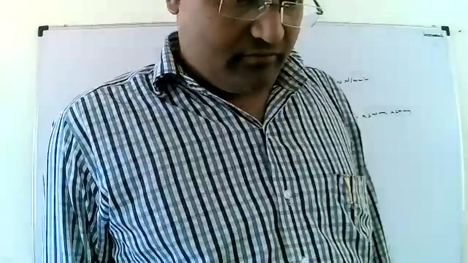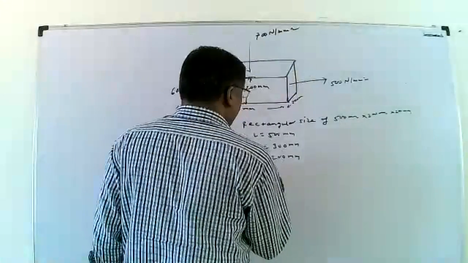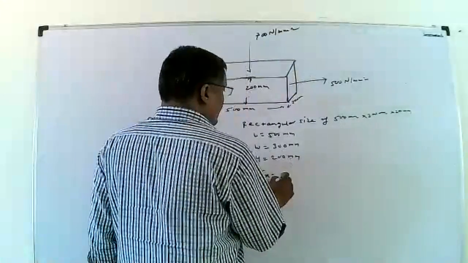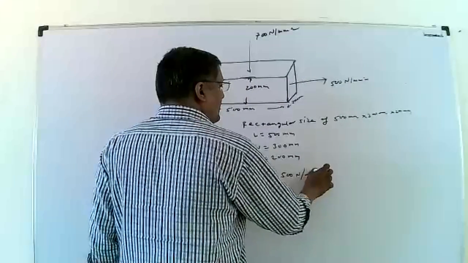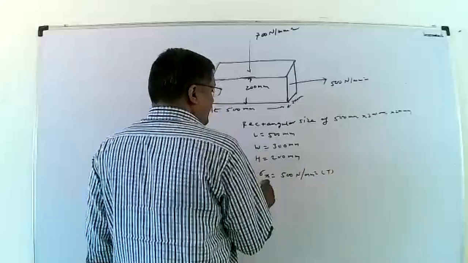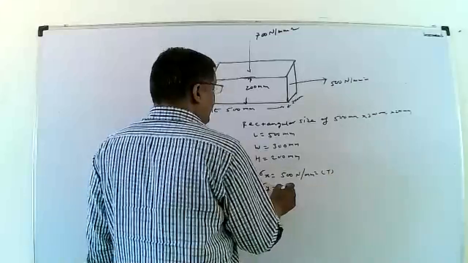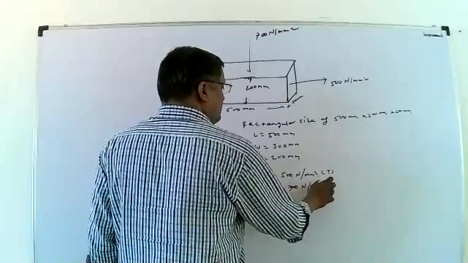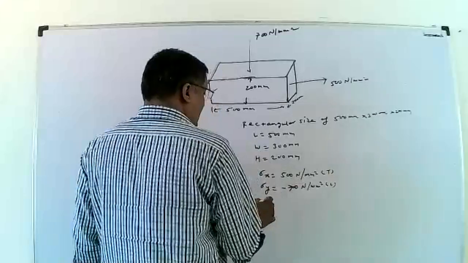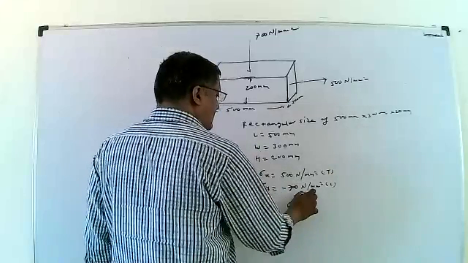Then sigma x 500 tensile, sigma y that is compressive 700, then sigma z tensile.